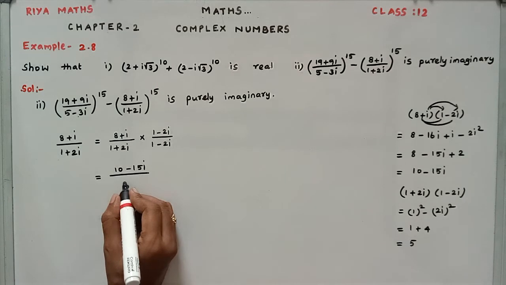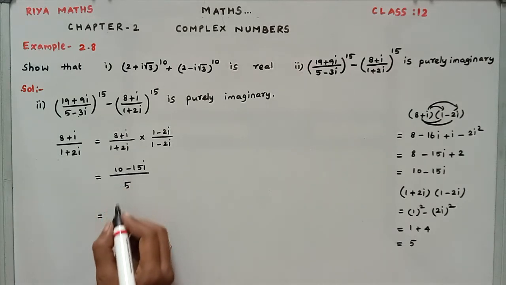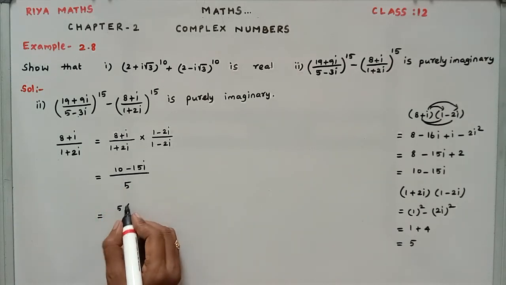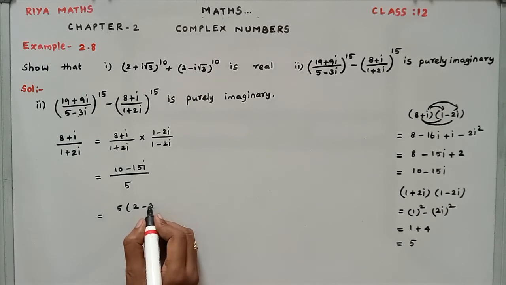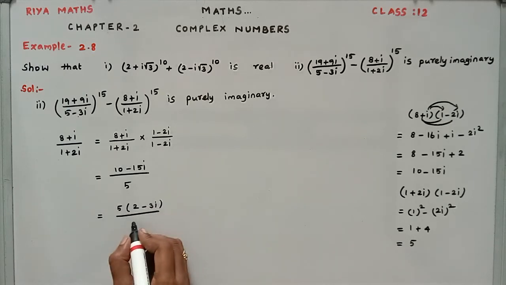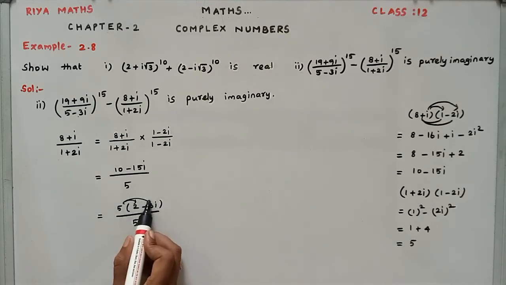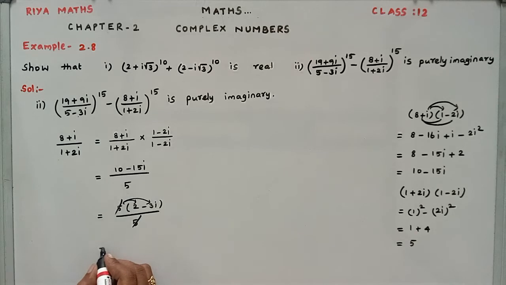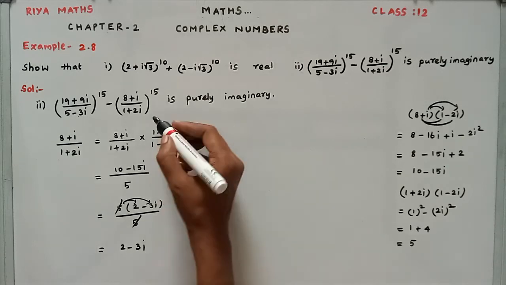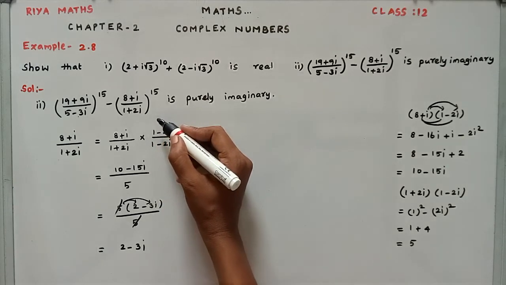So the denominator is 5. In the numerator, we can take 5 common: (2 − 3i) divided by 5. Once again you can check, 5 2s are 10, 5 3s are 15. So now this 5 and 5 cancel. The balance is 2 − 3i, so 2 − 3i is the answer for the second term.